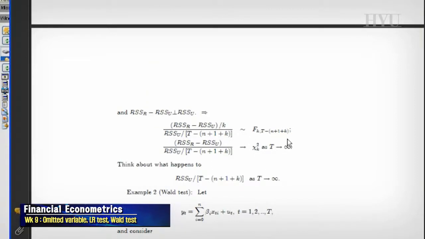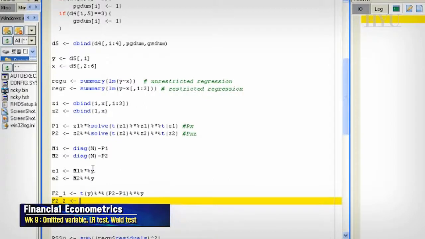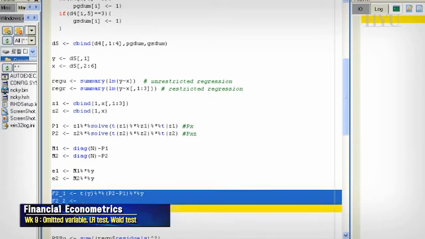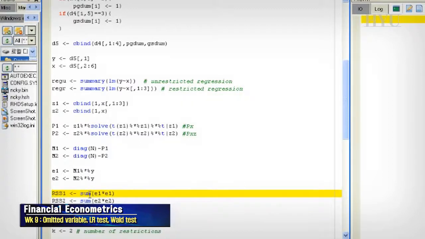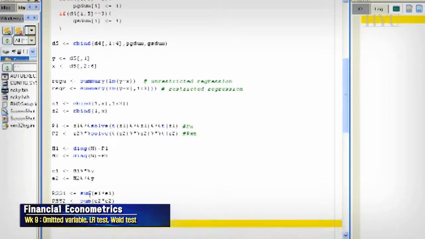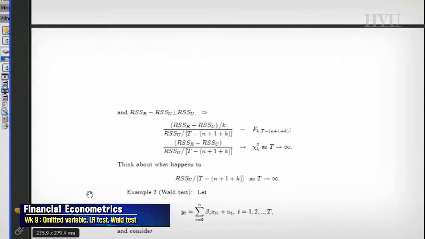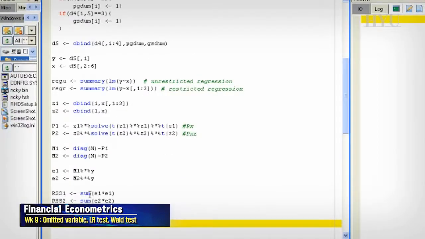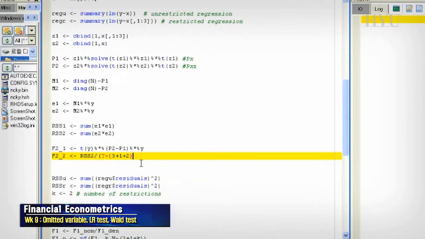So RSSU is RSS2, divided by T minus what is N? N is 3 plus 1 plus 2. K divided by K. N minus.